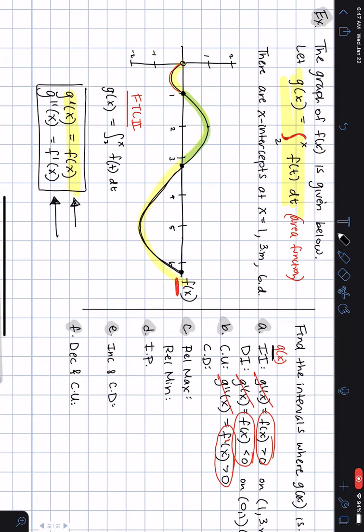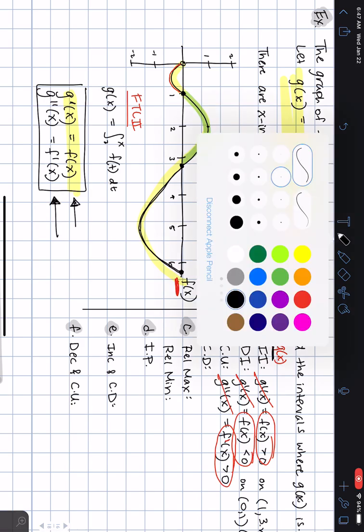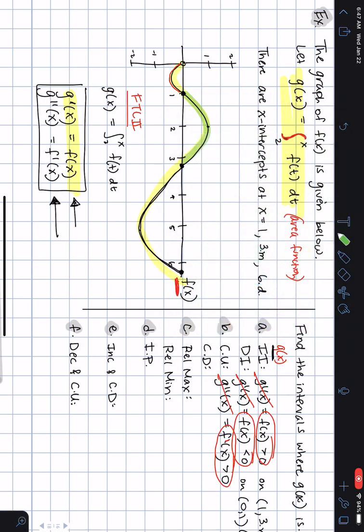Okay, so I'm concave up where f prime is greater than 0, so I'm looking for where f is increasing. F is increasing from, let's call that 0.5, until 2. And also it's increasing from left to right, so now it's falling, and then it's increasing from 5 till 6-point donkey.